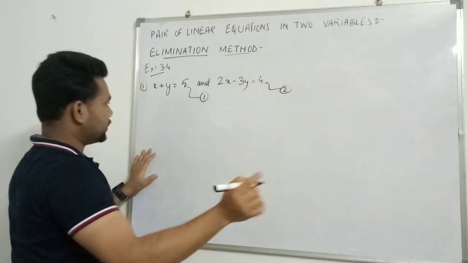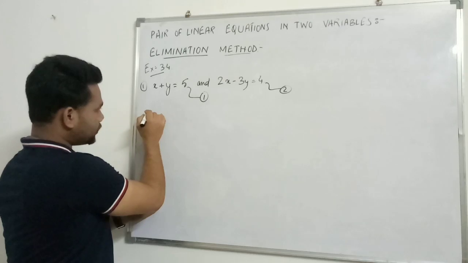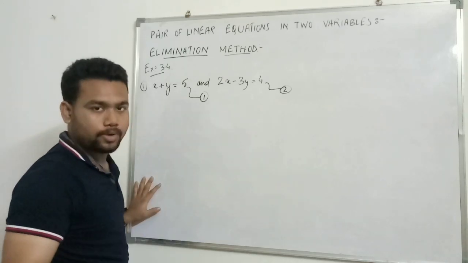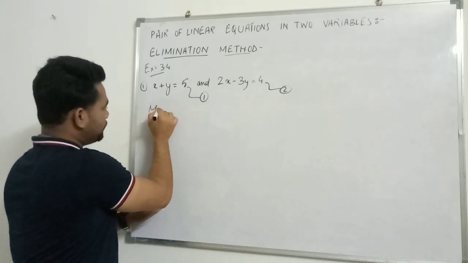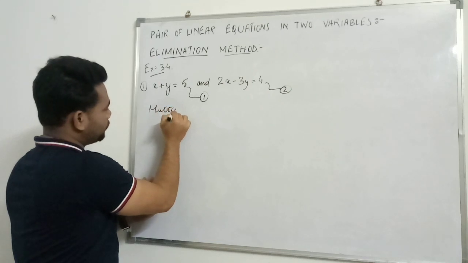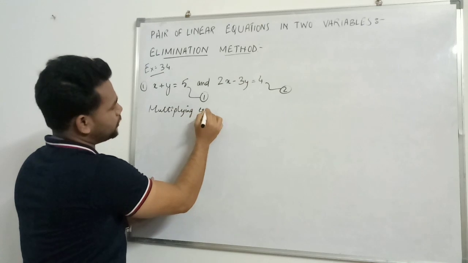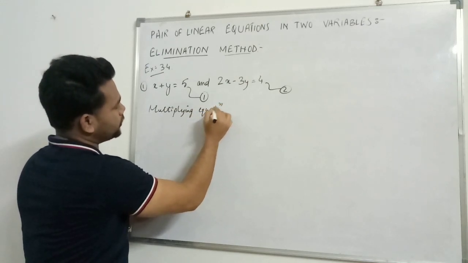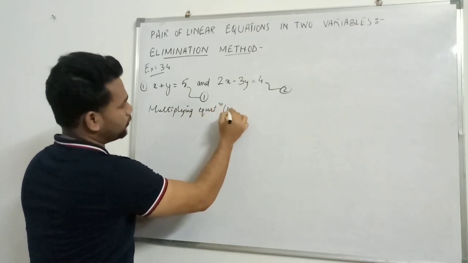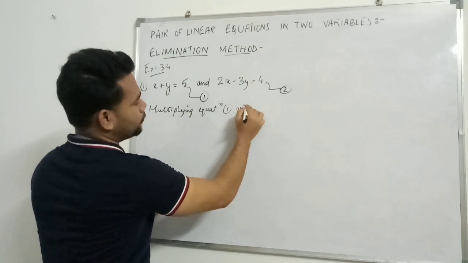Got it? Second one is to what? You have to write multiplying equation 1 with what?